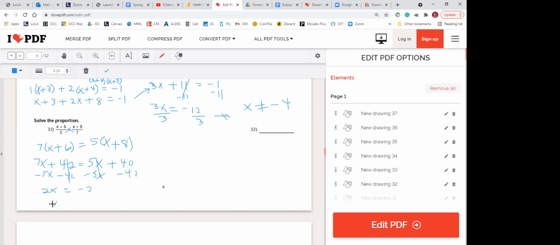So x is equal to -1. And these proportion problems, you don't have a problem with losing a solution, because you can see, especially on this, you can see there's no x down there.